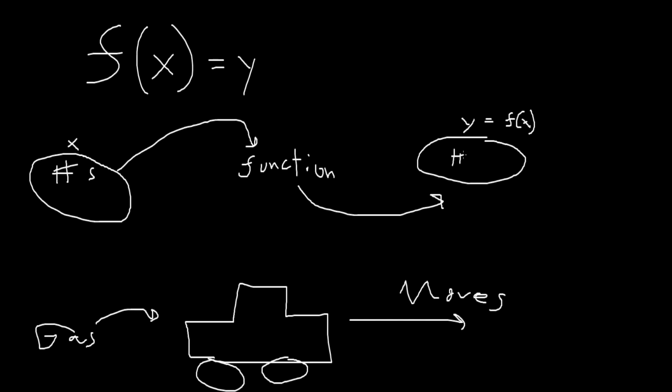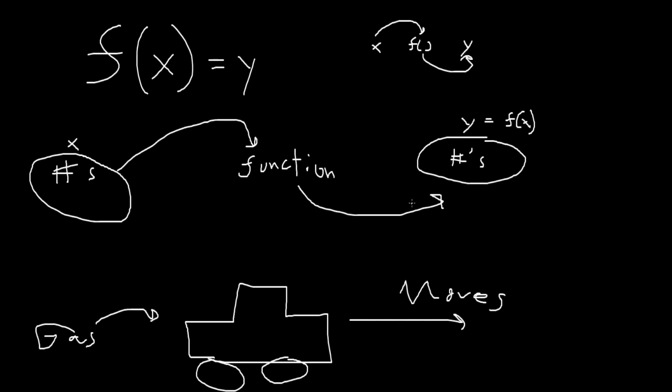And that is going to be a bunch of other numbers. Now, those numbers don't have to be the same, but they can be. So basically, x gets put into f of something, and then that something becomes your y value. So the function is just the operation that's happening in the middle. It's relating these two variables in a specific way.